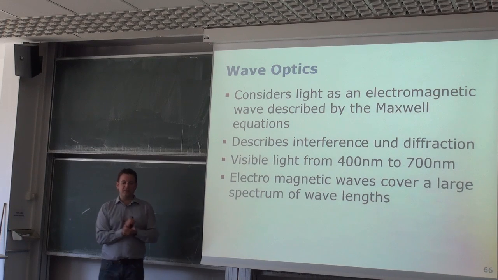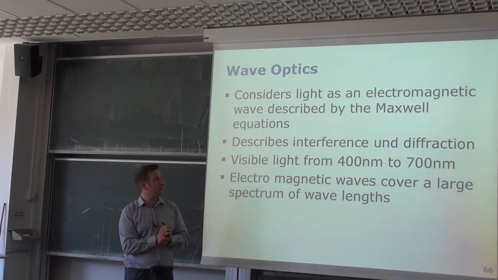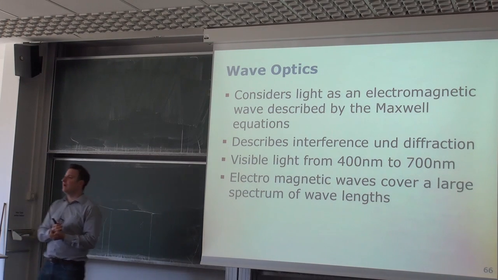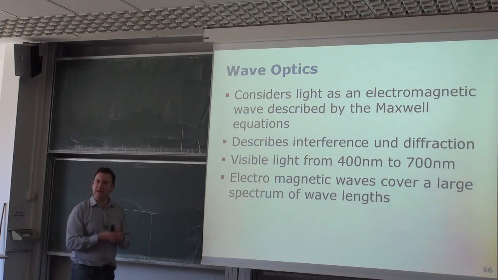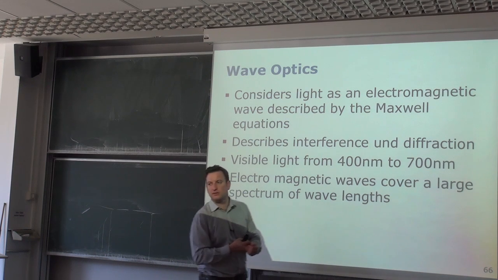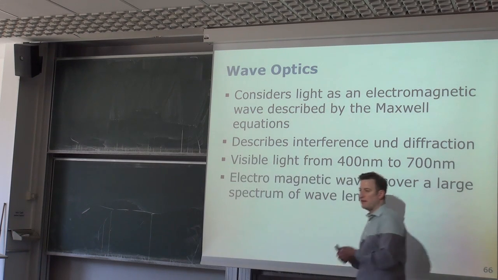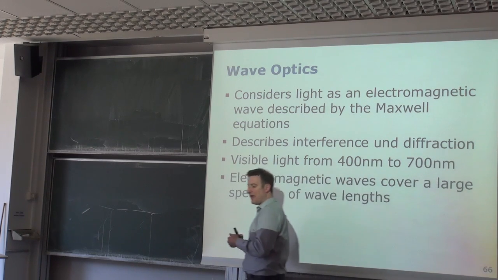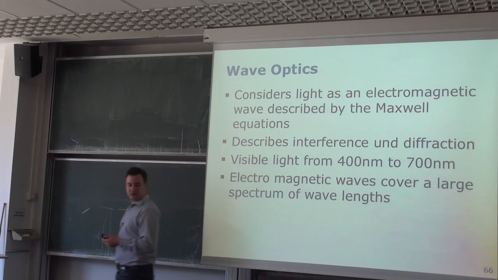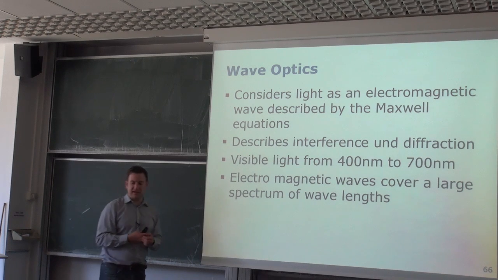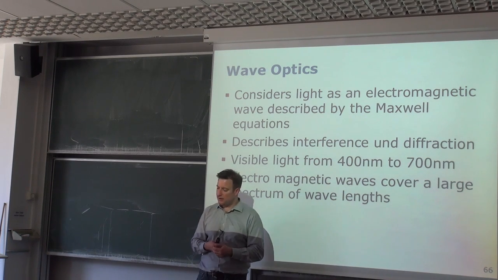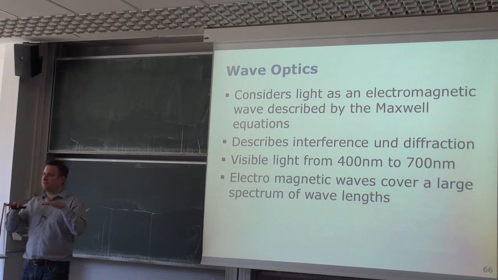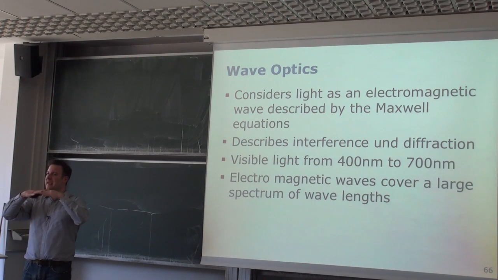What it basically says goes back to Maxwell's equations describing electromagnetism, saying that light is electromagnetic radiation of a certain wavelength, at least the visible spectrum that we have, and it behaves like an electromagnetic wave. So you have things like interference, for example, which is the effect that if you have 2 waves, they can superimpose each other and cancel out each other.